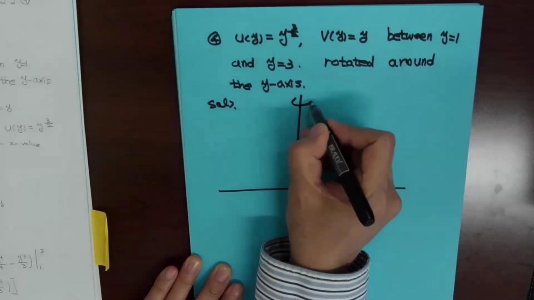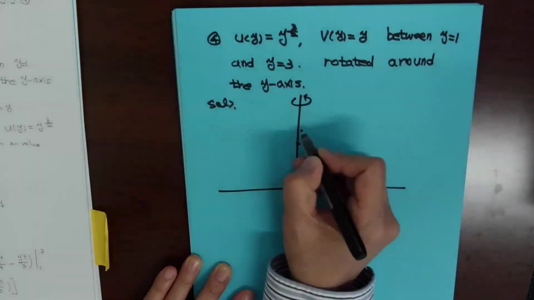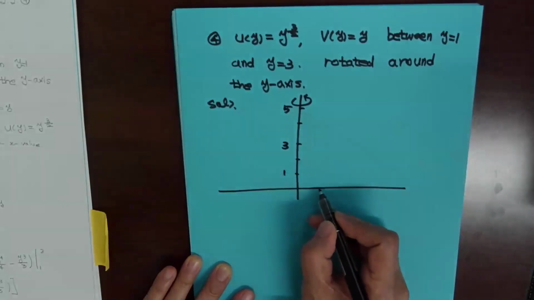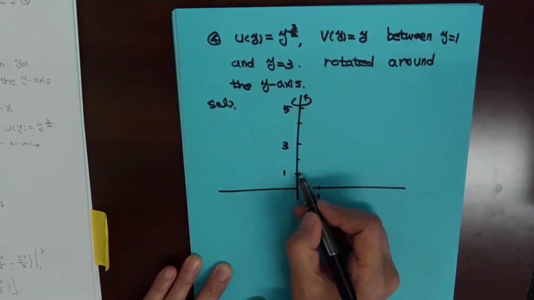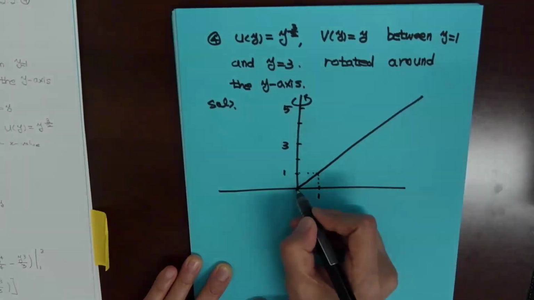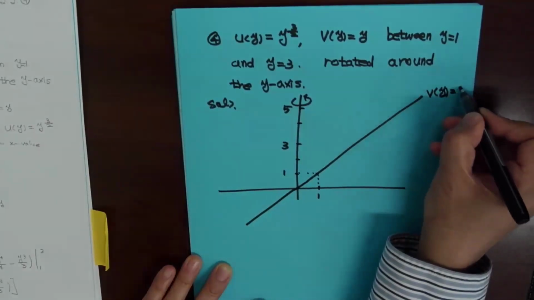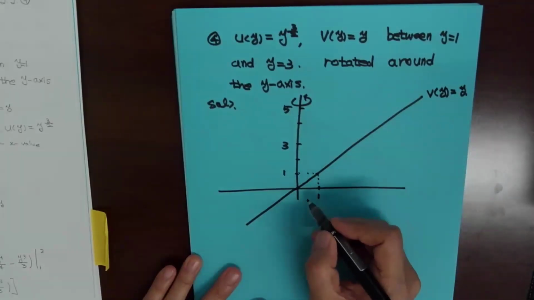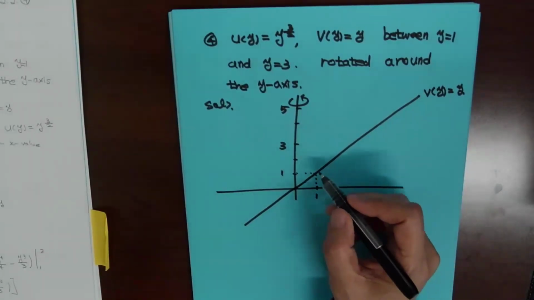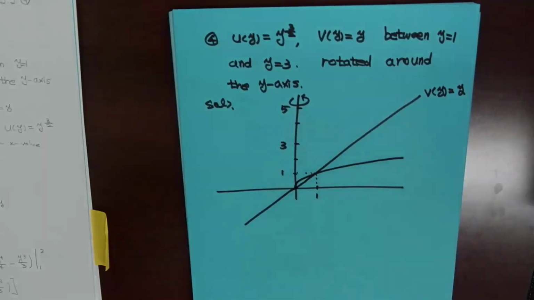This time we rotate around the y-axis. This is v of y equals y. And the graph of y to the 3 over 2 looks like this.